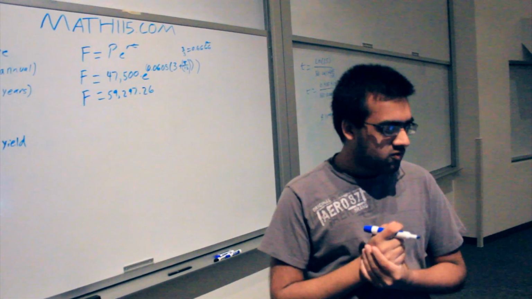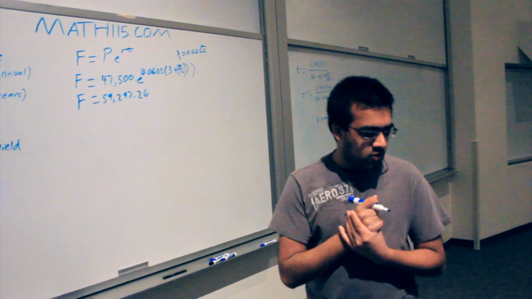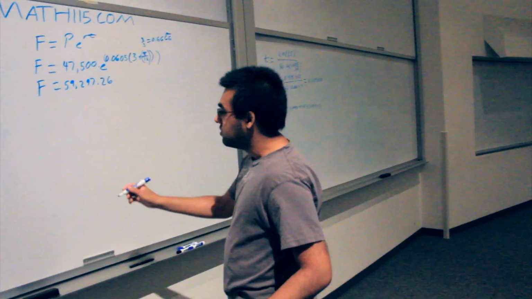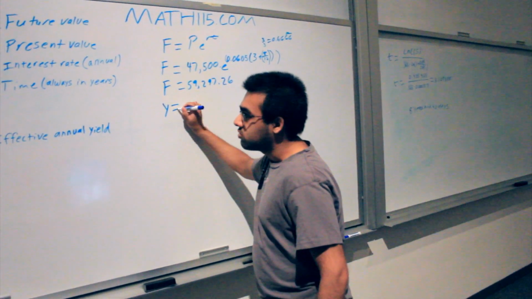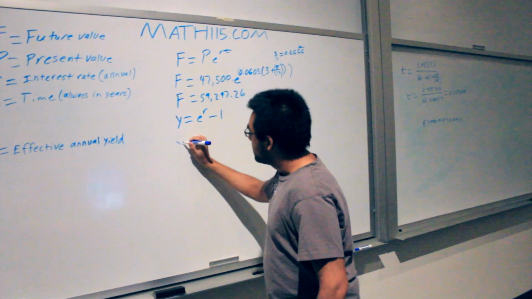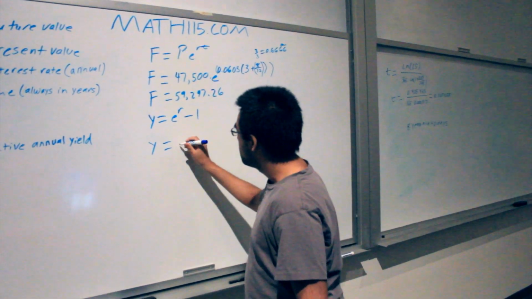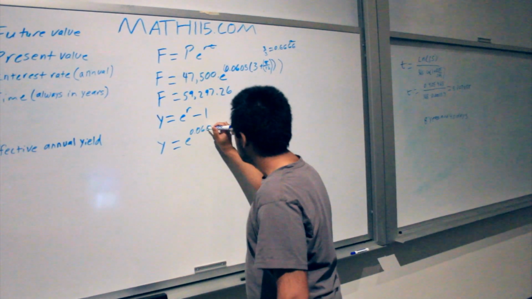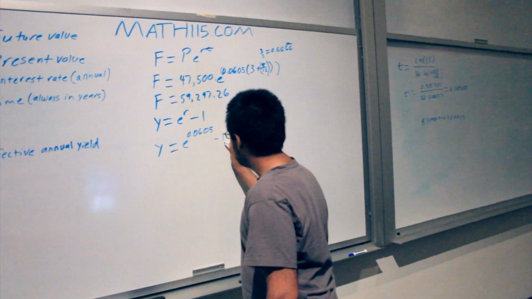The second part of the question was, what is the effective annual yield? What is the yield for this investment? The way this will work is you do need to use the yield formula. So again, we'll use this formula right here: y equals e raised to the r, minus 1. We're trying to solve for the yield. So r, they told us, was 0.0605, minus 1.